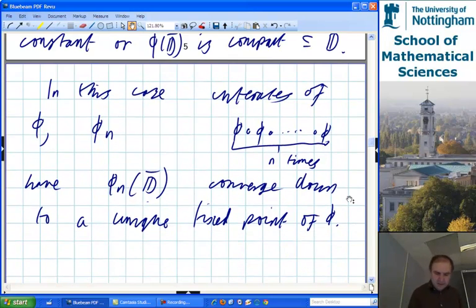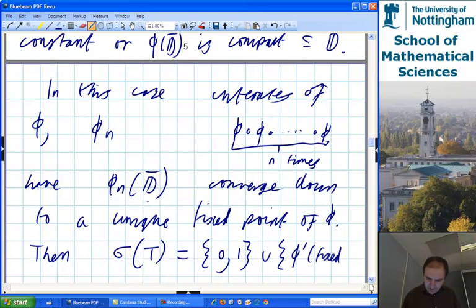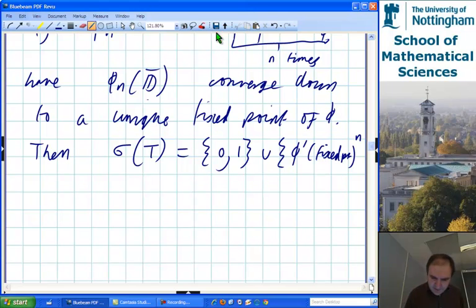And he also said what the spectrum was, and this is a fairly typical result. So the spectrum of the actual endomorphism is simply 0 and 1 together with all the powers phi prime of z0 to the n, where z0 is the fixed point.